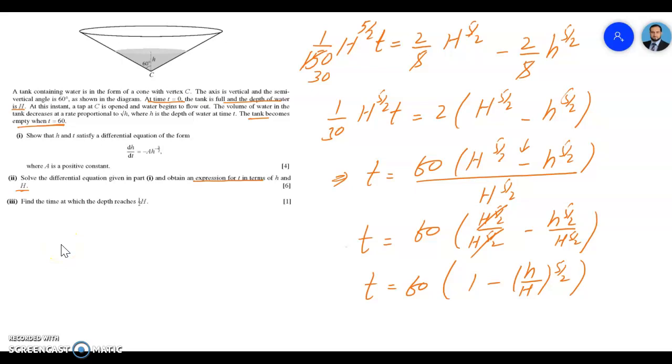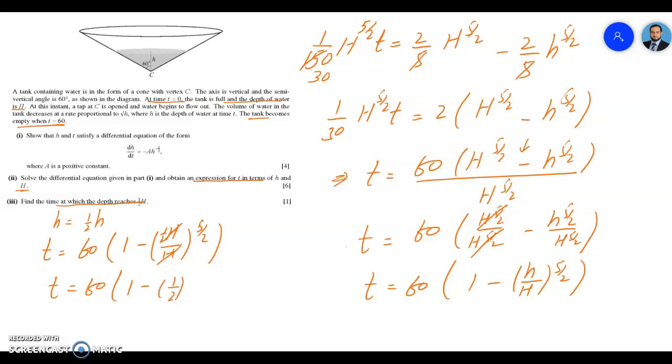Okay, in the third part it says find the time at which the depth reaches half H. So the depth h reaches half of H. In this equation, if we replace small h by half H, then H and H are going to cancel out, so this will become 60 times 1 minus half to the power of 5 by 2, and once we simplify this, it will be 49.4.